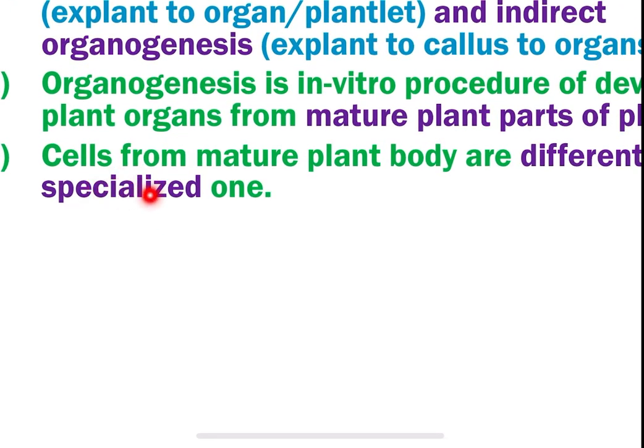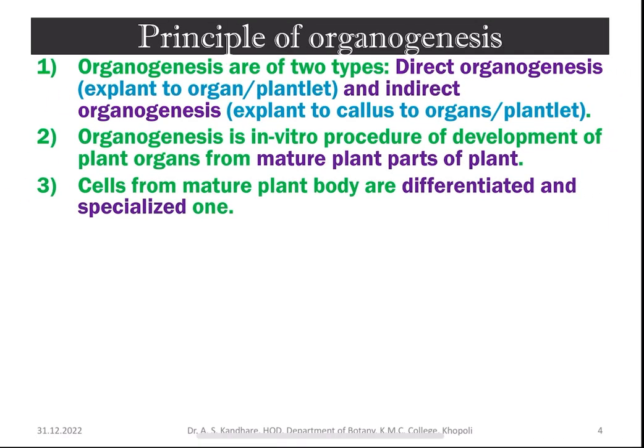And this mature and specialized plant cell can be induced, and from that plant cell or tissue we can generate organs or plantlet. So that is the principle in plant tissue culture.